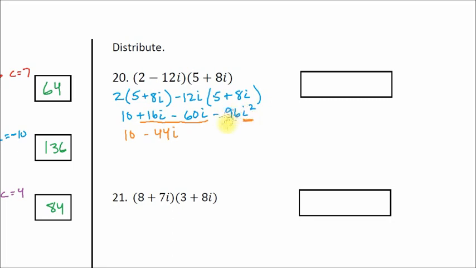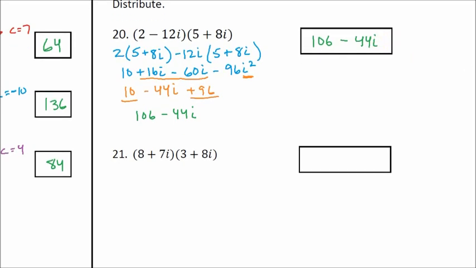So that's going to change the negative 96 to positive 96. And now our first term and our last term are like terms. 10 plus 96 is 106 minus 44i. Remember, your final solution needs to be written as a complex number. So the real term is first, imaginary term is second. 106 minus 44i.